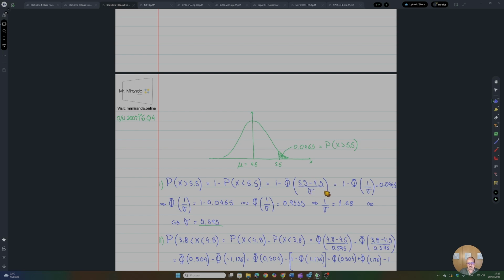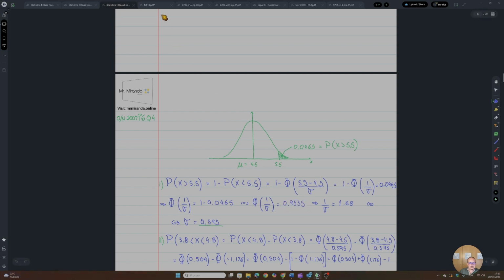So you know that this over here equals 0.0463, sorry. So the value of phi of the z value is 1 minus that, which is this value over here.